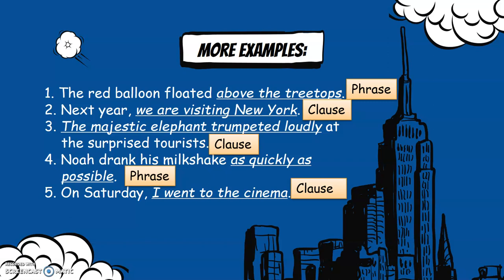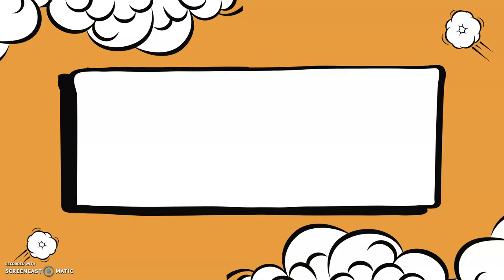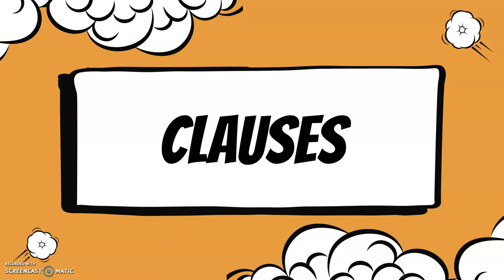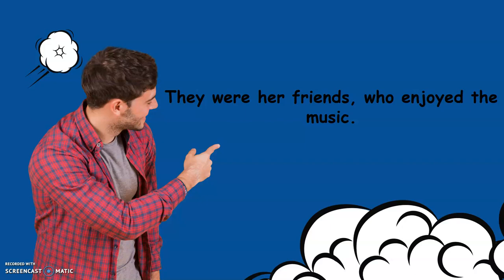Now let's move further. Here we'll see the different types of clauses. Let's see this sentence. They were her friends who enjoyed the music. Now, this full sentence is a clause. But let's divide the sentence into two parts.